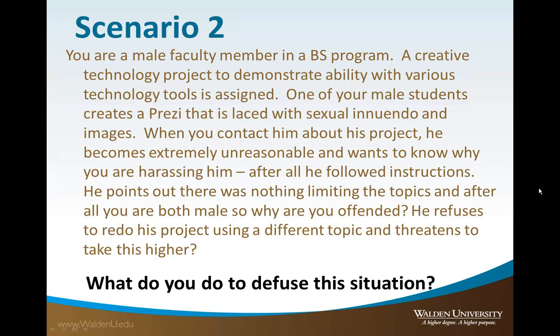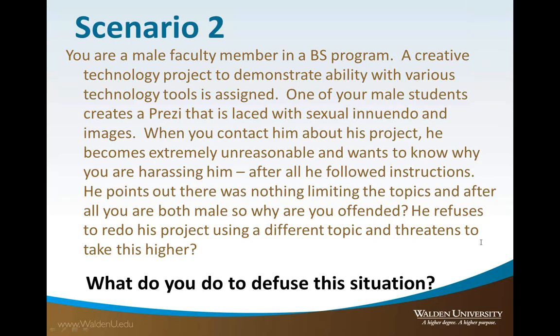When you contact him about his project, he becomes extremely unreasonable and wants to know why you're harassing him. After all, he's followed the instructions. He points out that there was nothing limiting the topics, and after all, you are both male, so why are you offended? He refuses to redo the project using a different topic and threatens to take this higher. What do you do to diffuse this situation?